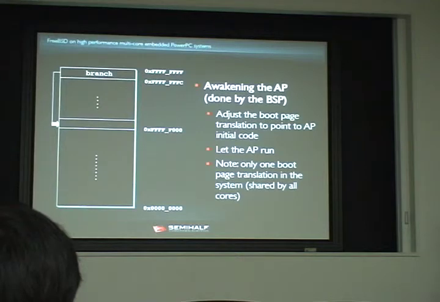From the BSP point of view, when we want to bring the AP into operation, we modify this boot page translation to point to some code that we want the AP to execute. So we adjust this translation and wake it up. It would come out of reset and just start fetching our instructions. That's the schema and basic idea of how it's done.